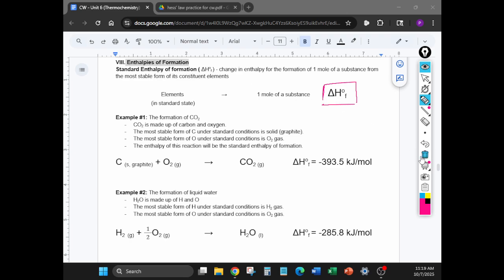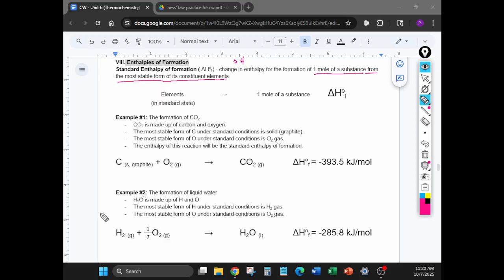A little bit of a different symbol, but let's talk about what it means because it has a very specific definition. Okay, enthalpy of formation is basically the delta H when you are making 1 mole of a substance. So it's the equation, you're gonna have 1 mole of your product, and it's made from the most stable form of its constituent elements.